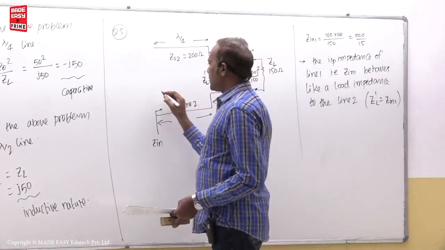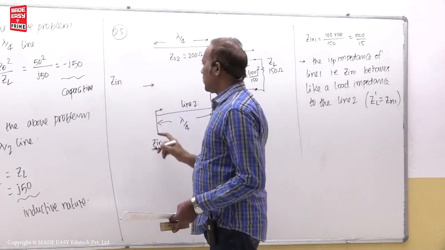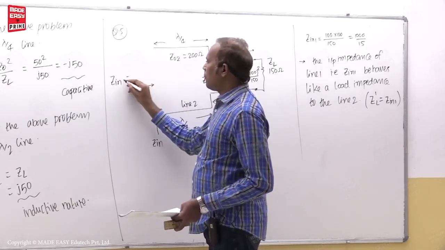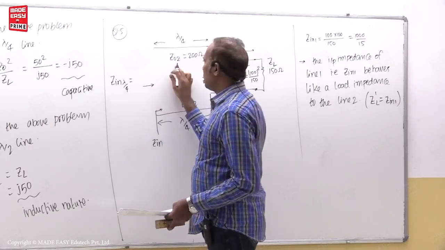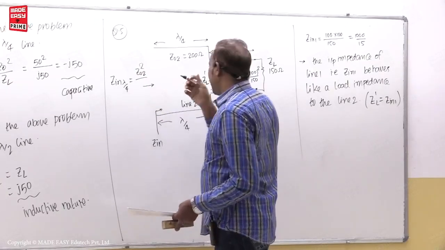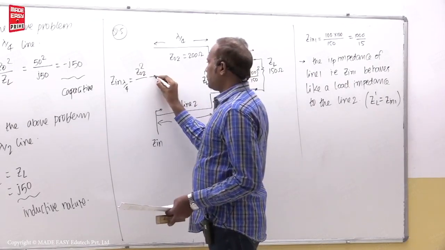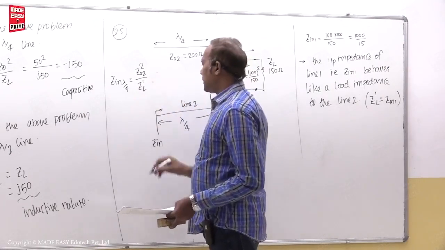Now dear students, here the input impedance of this one, this is once again lambda by 4 line only. So the input impedance of lambda by 4 line is equal to characteristic impedance of this one whole square divided by load impedance of this one, that is ZL dash.